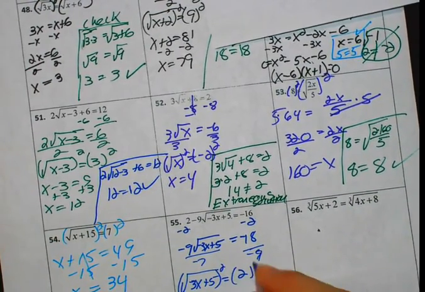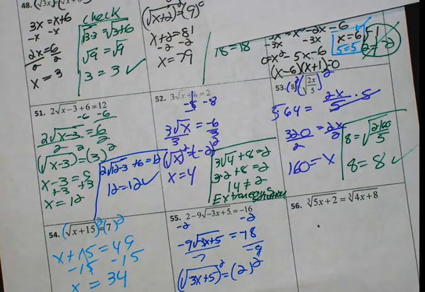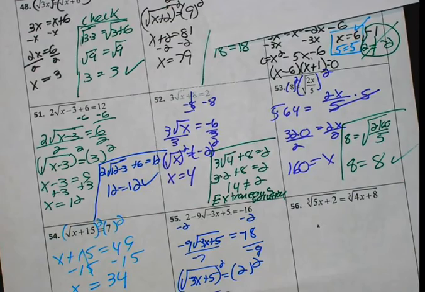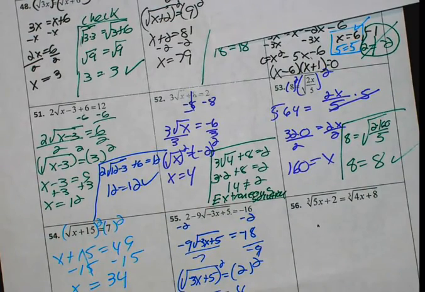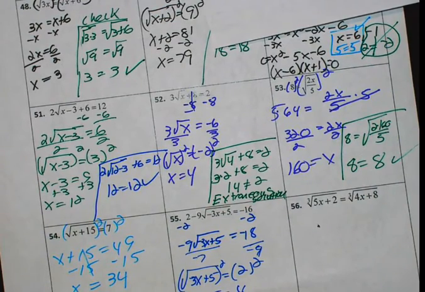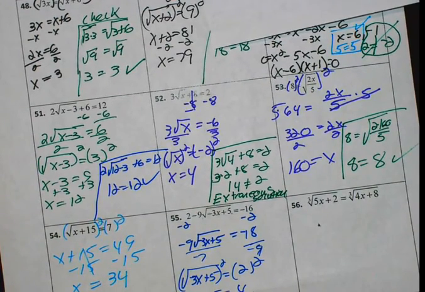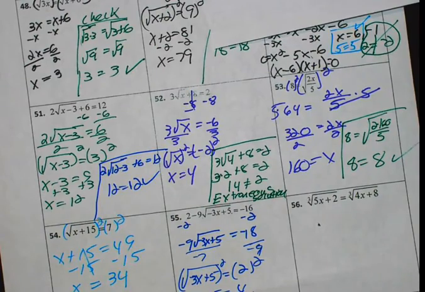Now we can square both sides. That gives me negative 3x plus 5 equals 4, so it's going to give me negative 3x equals negative 1. Divide by negative 3. X equals 1 over 3.